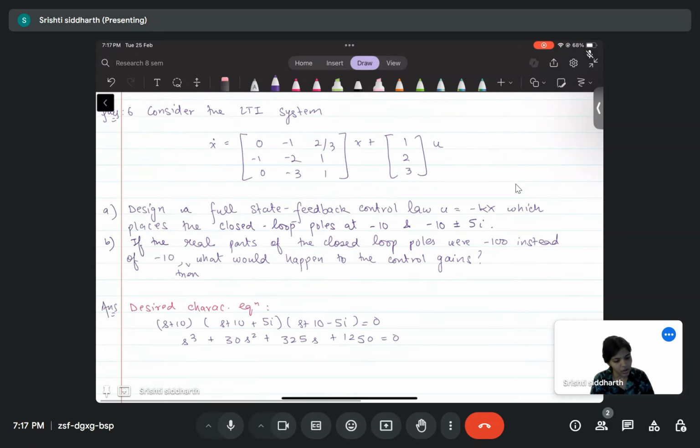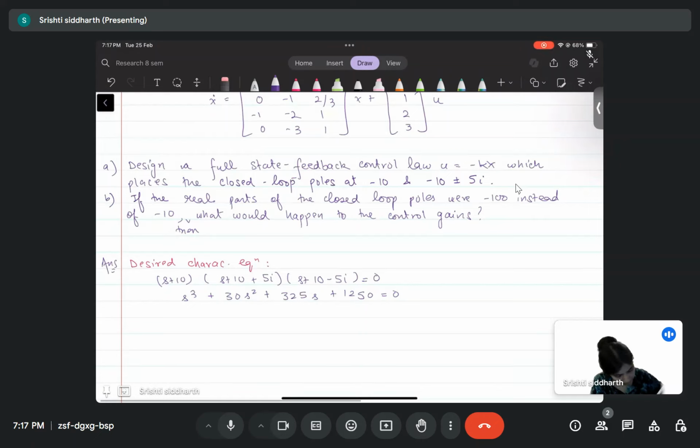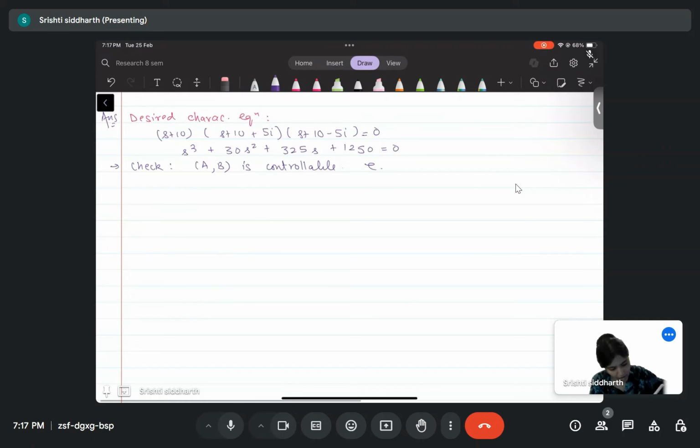Okay. So now you can check that the pair AB is controllable. Check or verify that the pair AB is controllable. Find out what the controllability matrix is, and then find the transformation matrix T to get the CCFR.